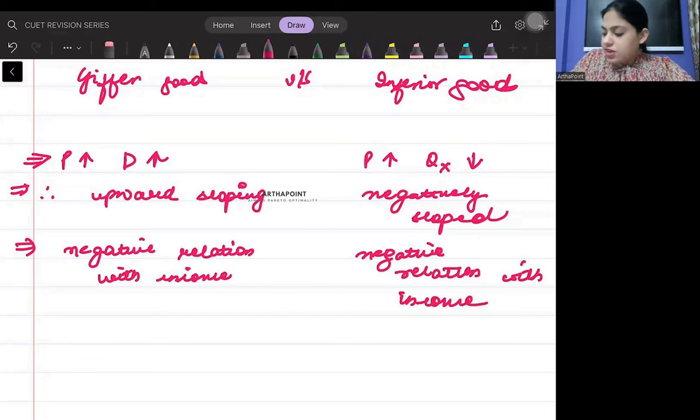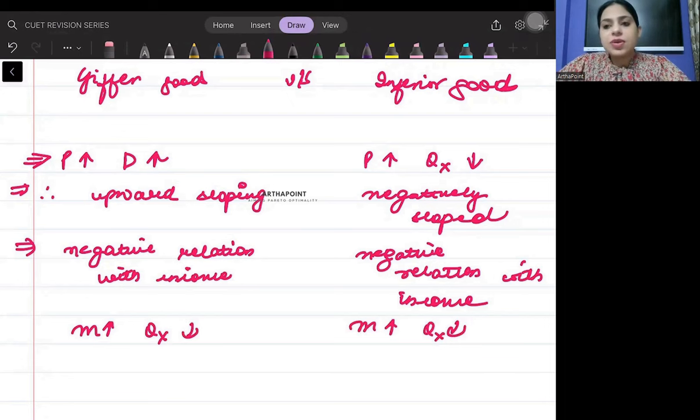When the income will increase, the demand of the good will decrease. Income will increase, the demand of the good will decrease. So these are some things that you need to remember.